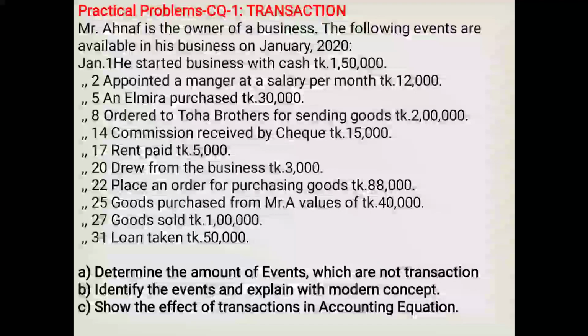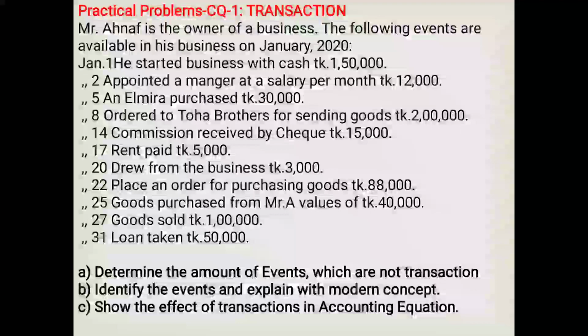Mr. Ahnaf is the owner of a business. The following events are available in his business in January 2020. January 1, he started business with cash taka 1,50,000. January 2, appointed a manager at a salary per month taka 12,000. January 5, an almirah purchased taka 30,000. January 8, ordered Toha Brothers for sending goods taka 2 lakh.